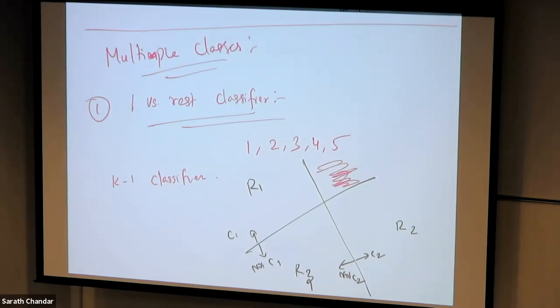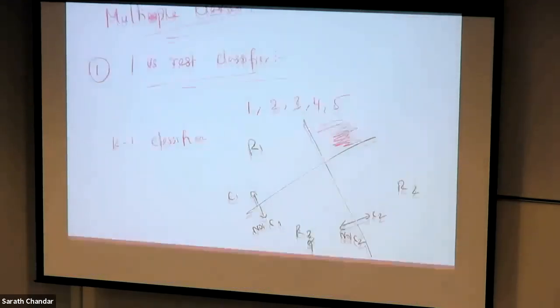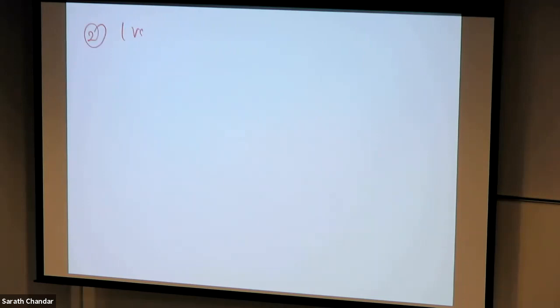Now there is an alternate approach for this, which is the idea of one versus one classifier. In one versus one classifier, if you have 5 classes, you're going to consider one classifier for 1 versus 2, 1 versus 3, 1 versus 4, 1 versus 5. There are 4 classifiers. Then you consider classifiers for 2 versus 3, 2 versus 4, 2 versus 5.